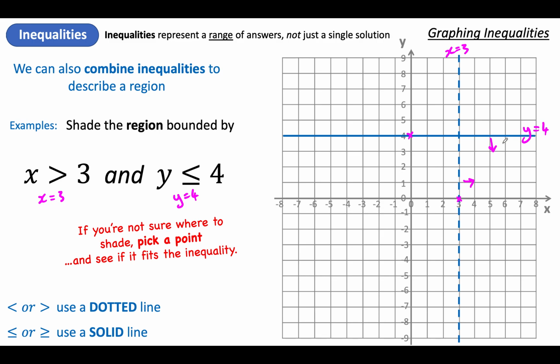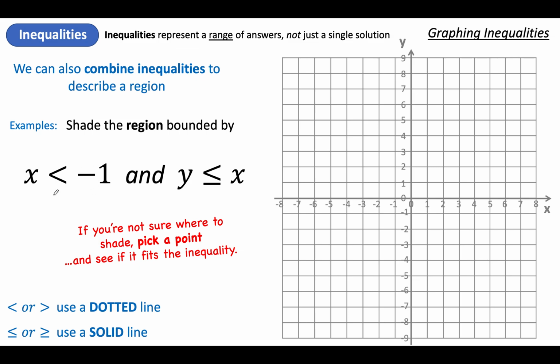So you shade the region which satisfies both of those things. So it has to be under that horizontal line, but to the right of this one. That means we are shading in here, or more accurately, that. In an exam, usually most people don't sort of shade the whole thing. They put some cross hatchings in to show the region, right? Okay, try another one.